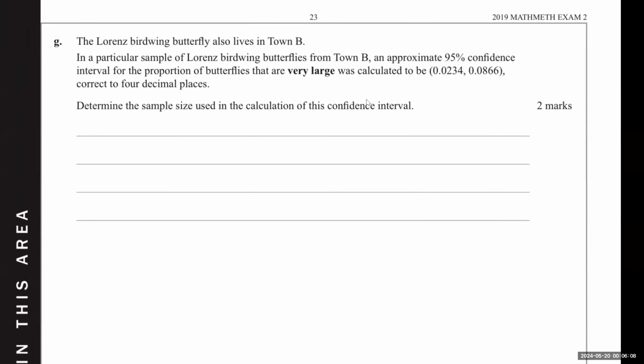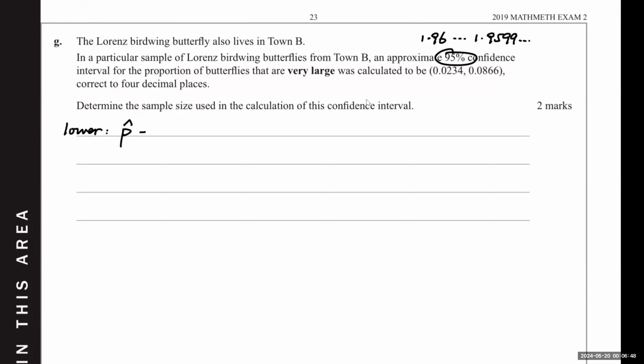And now lastly, an approximate 95% confidence interval for the proportion of butterflies that are very large was calculated to be this thing here. Correct to 4 decimal places, determine the sample size used in the calculation of this confidence interval. So remember, the confidence interval had the lower bound p hat minus z. For 95% confidence interval, you could use 1.96 or maybe 1.9599, okay?